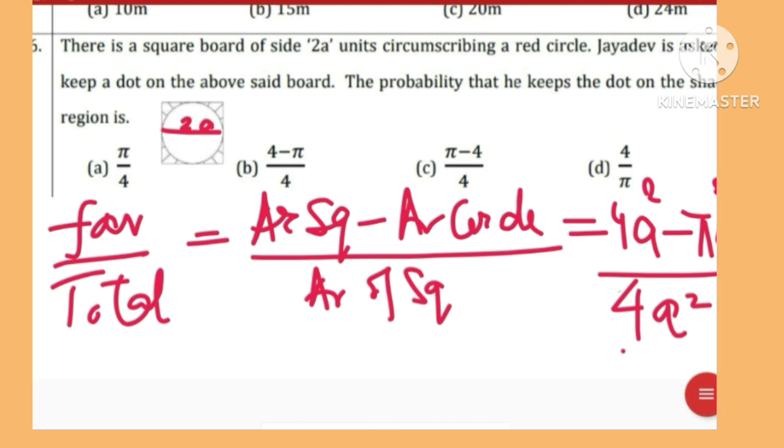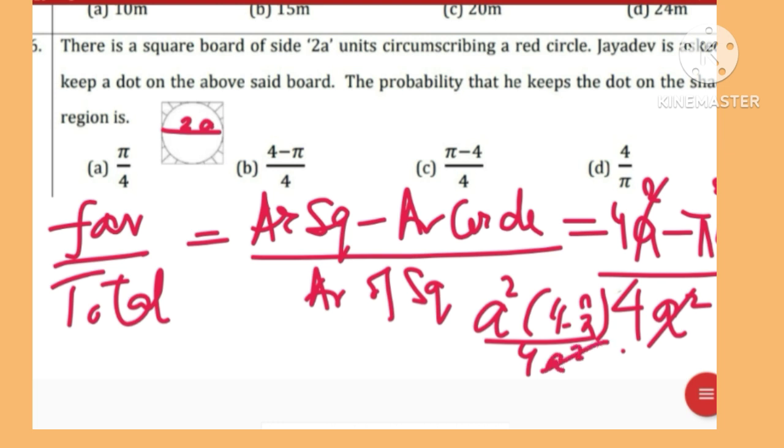So clearly you can see that a square, if we take a square common, it will get cancelled, but we will not waste our time in writing a square as common. ठीक है, ए स्क्वायर को अलग से ऐसे लिख के शो करने की आपको 4 माइनस पाई स्क्वायर की ज़रूरत नहीं है. ऐसे आप ये वाला स्टेप शो करने की कोई ज़रूरत नहीं है. 4 minus pi by 4, so B is the right answer which we can see.